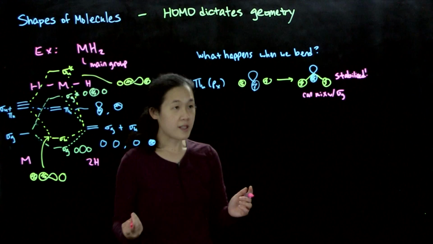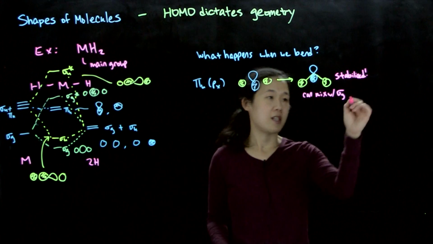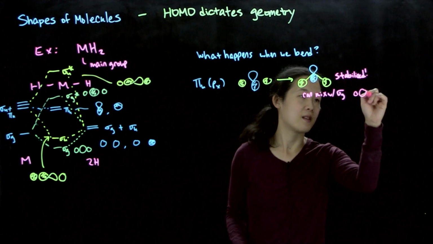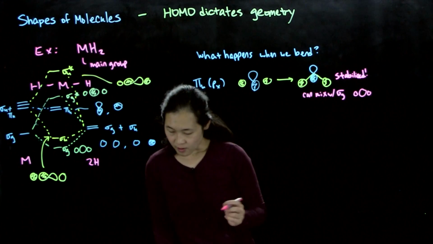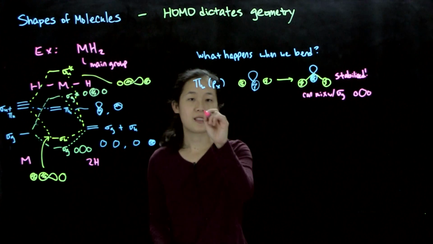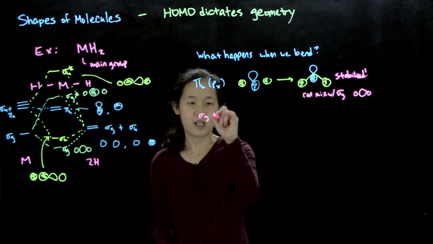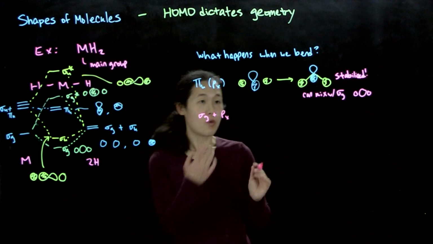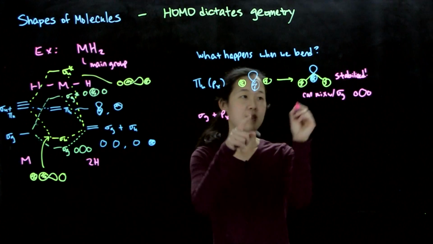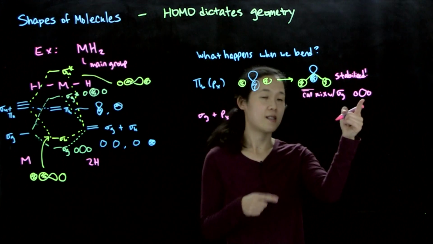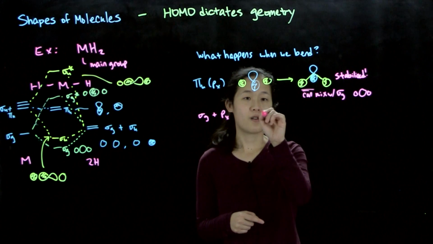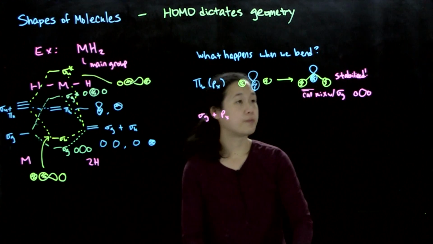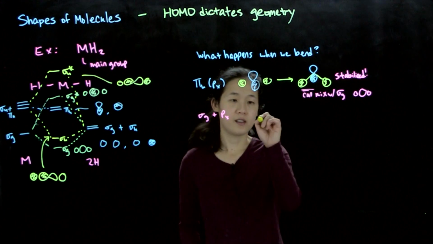So when we mix it with that sigma g, so I'm talking about this one, we're going to mix our sigma g plus our px over here. And then what this becomes is this combination plus this bent combination. So overall, this will become still bent.